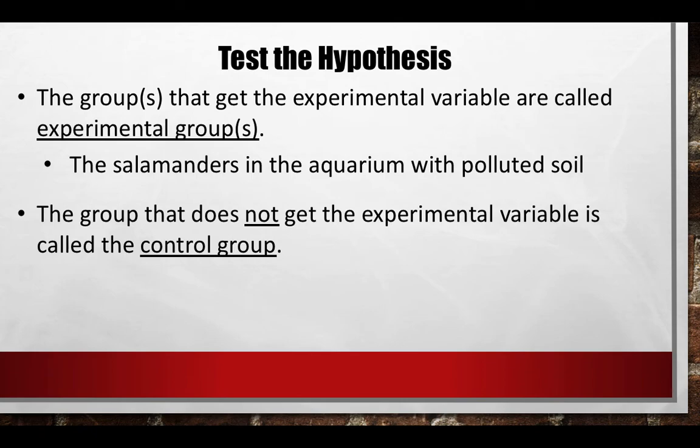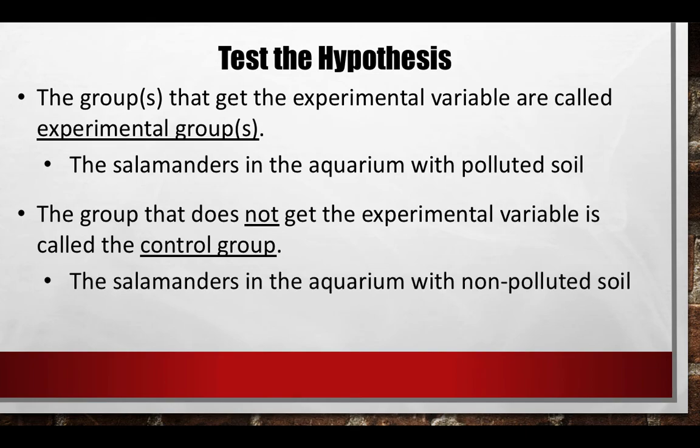I like to think of it as the group that is normal, what we think of as normal. We would expect that non-polluted soil would be normal. So this is really easy, because the group that gets the experimental variable is the experimental group. The other group is the control group.